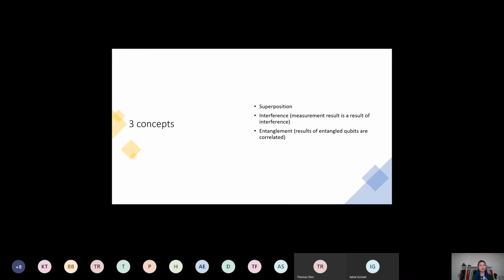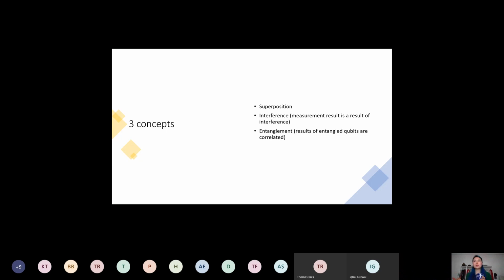Now, here are just 3 concepts that you have to not have confusion with: superposition, interference, and entanglement. Interference and entanglement are both results of superposition.